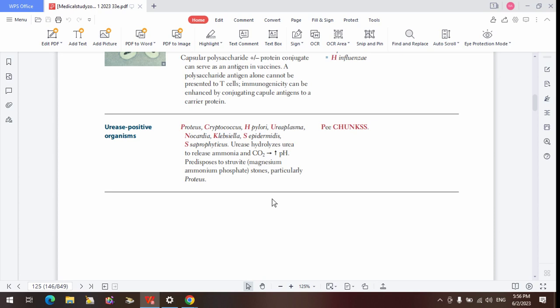I think Cryptococcus is the one that we said is implicated in neurological infections. Right, meningitis. Cryptococcus neoformans. It causes meningitis. Indian ink stain.